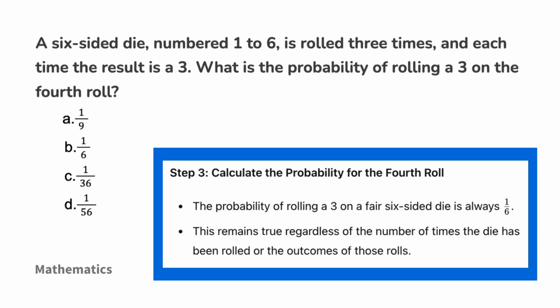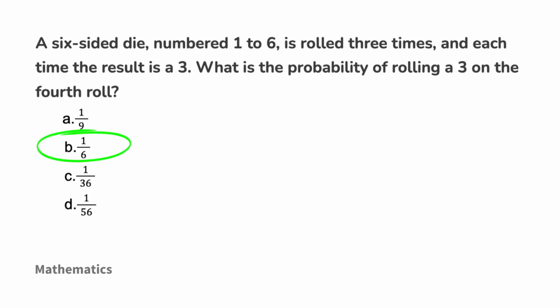So keep in mind, one of the most important things to understand is what the question is asking you, and what information you should and should not be using. So here the correct answer is 1 out of 6. It's always the probability to roll a 3. For example, you have a 1 out of 6 chance.